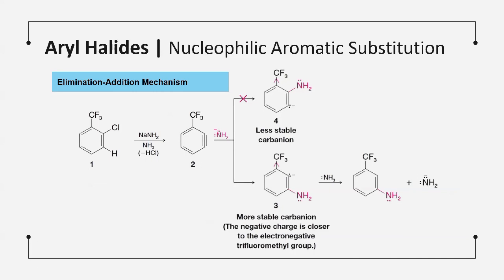And since the more stable carbanion would be that of which yung negative charge is closer dun sa electronegative group natin, mas prefer in this case na NH2 ni amide ion natin to attach itself to the carbon in the position that is meta to the trifluoromethyl group.